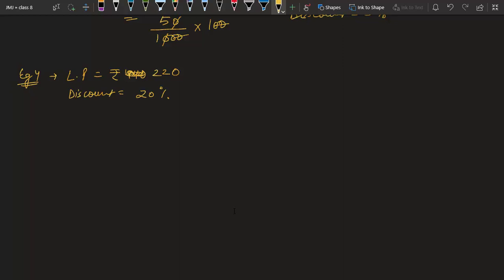What is the amount of discount on it and its selling price? So they are asking for the discount value and the selling price. We all know that we can find this discount value first. How? Let's see.